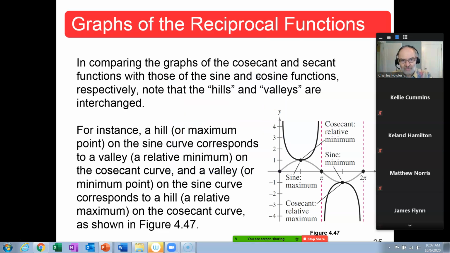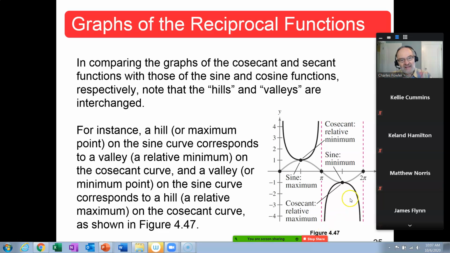So like I was showing, when you run into another 0 here, of course that makes a vertical asymptote for the cosecant. A 0 on sine, vertical asymptote for cosecant. Then when you hit the minimum for sine down here at 3/2 pi or wherever it happens to be, that's going to be the maximum for your cosecant.